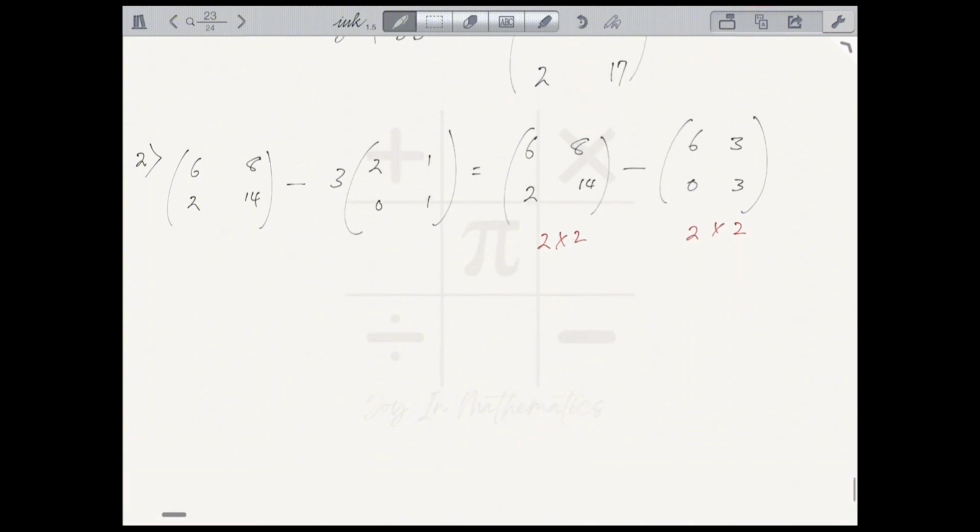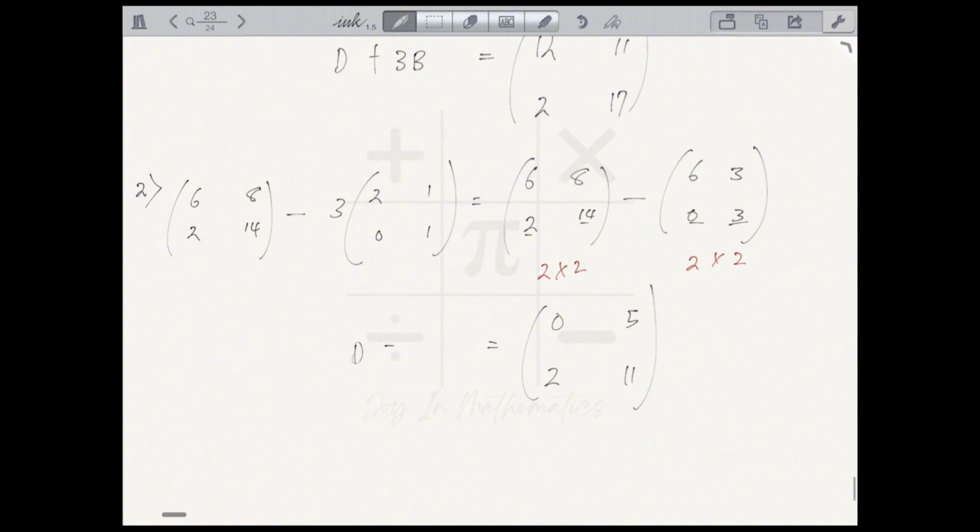So we just perform the operation by subtracting each term. So this is 6 minus 6, 0, 8 minus 3, 5, 2 minus 0, 2, 14 minus 3, which is 11. So this is D minus 3B.